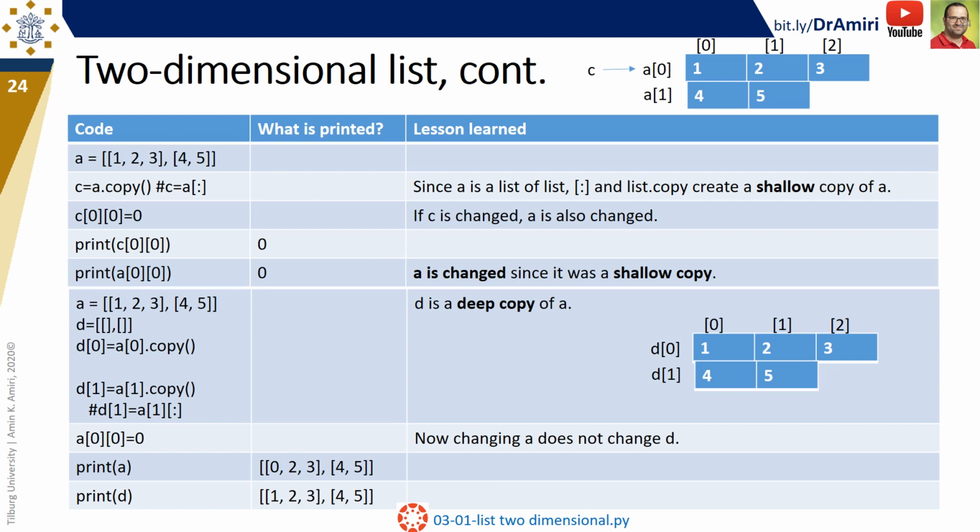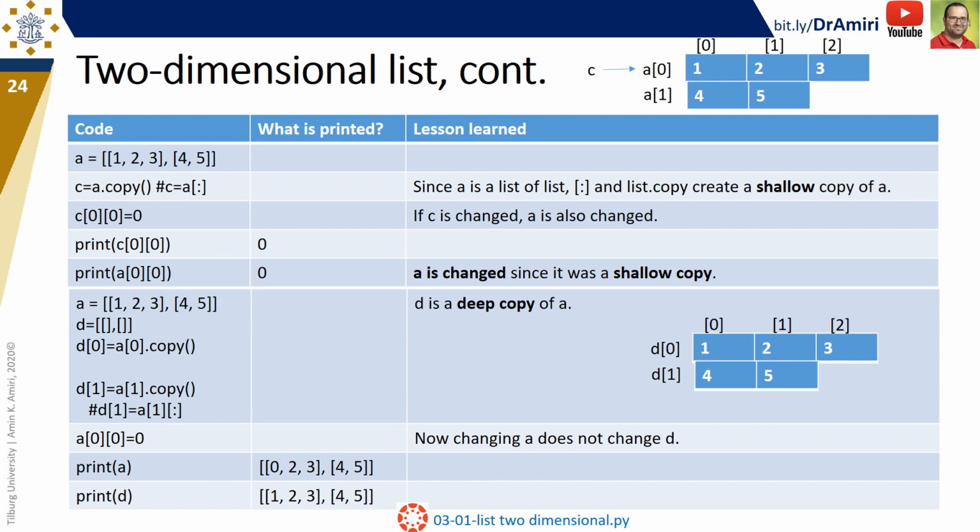So how can you do a deep copy of a? What you need to do is to first create d as an empty list, then copy row by row.